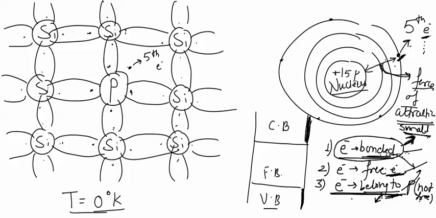The energy of this fifth electron lies very close to the conduction band in the material, and an energy level ED is created when a pentavalent impurity atom is added to the material. ED represents the energy of the fifth electrons present in the material.